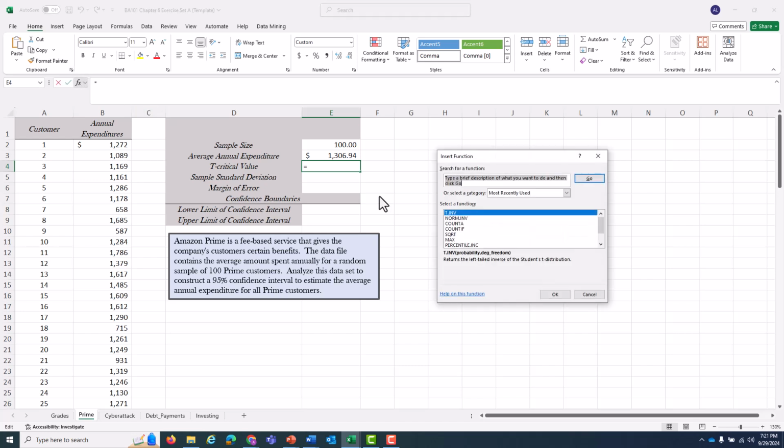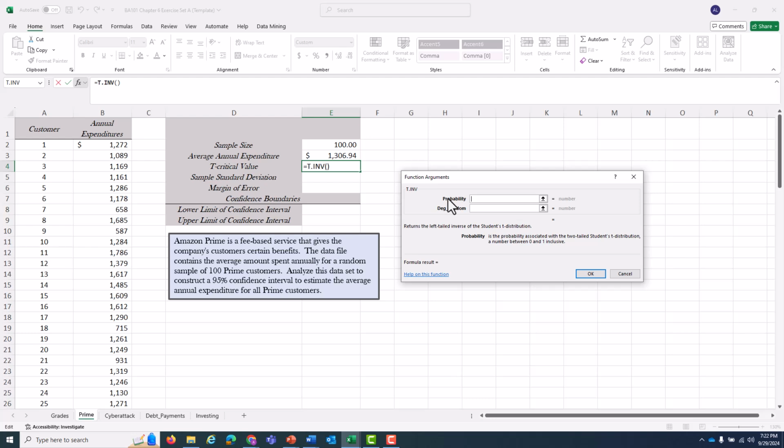So that's the case. I can't use the NORM.S.INV function. I'm going to have to use the T.INV function. So T.INV. Hit go. And you'll see that there's a couple of them. We just want the regular one that says T.INV. I'm going to hit OK. It's going to ask me for two things. Firstly, the probability. If we're 95% confident, that means that we have 5% unconfidence, for lack of a better word.